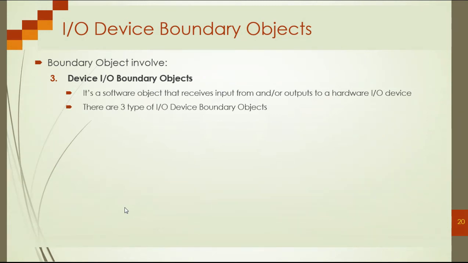The input output object provides the software interface to the hardware input output devices. So each input and output device that interacts or communicates with our system should have a corresponding interface or corresponding object in our system.